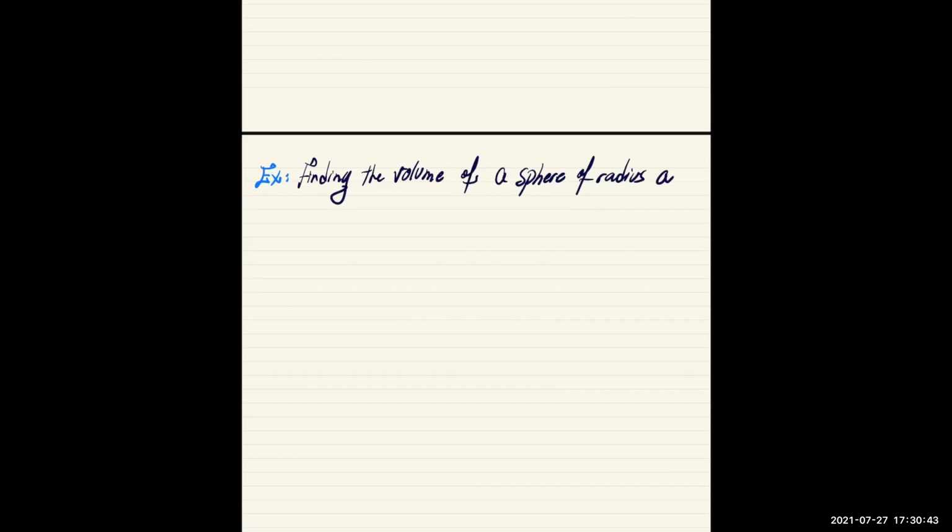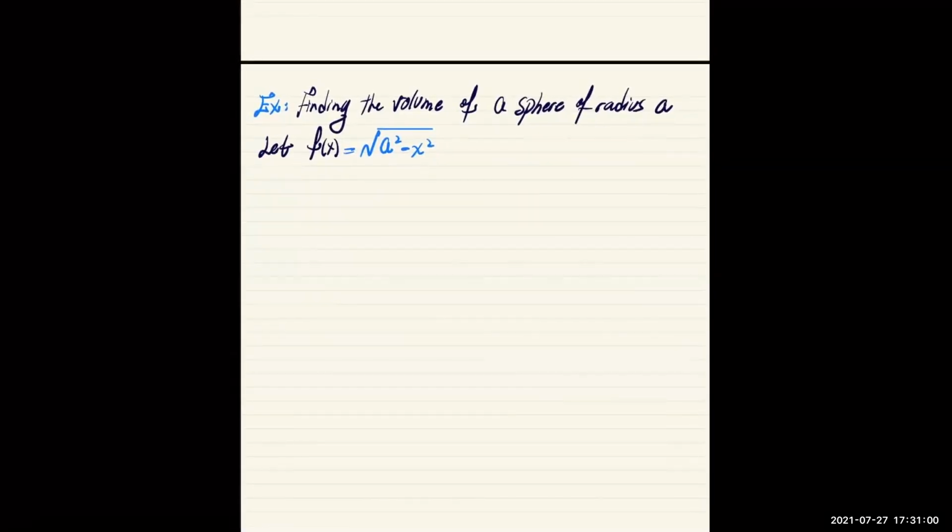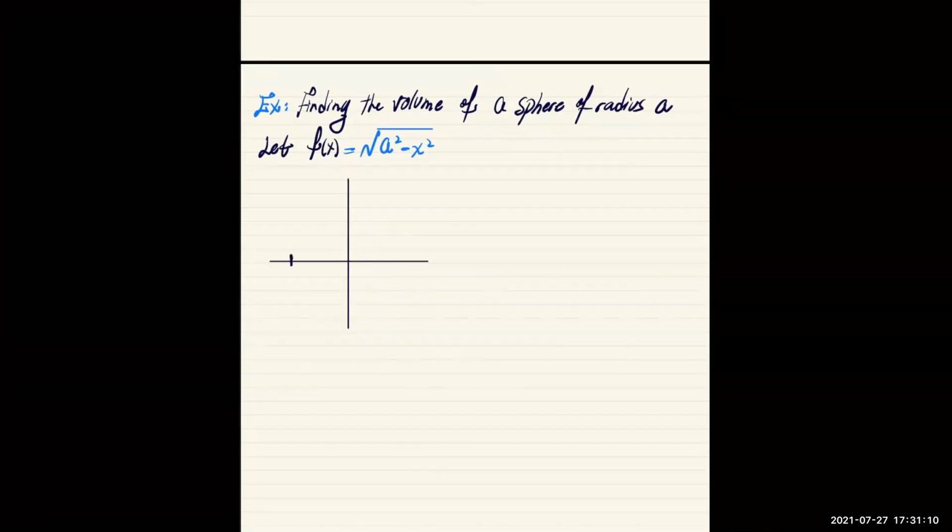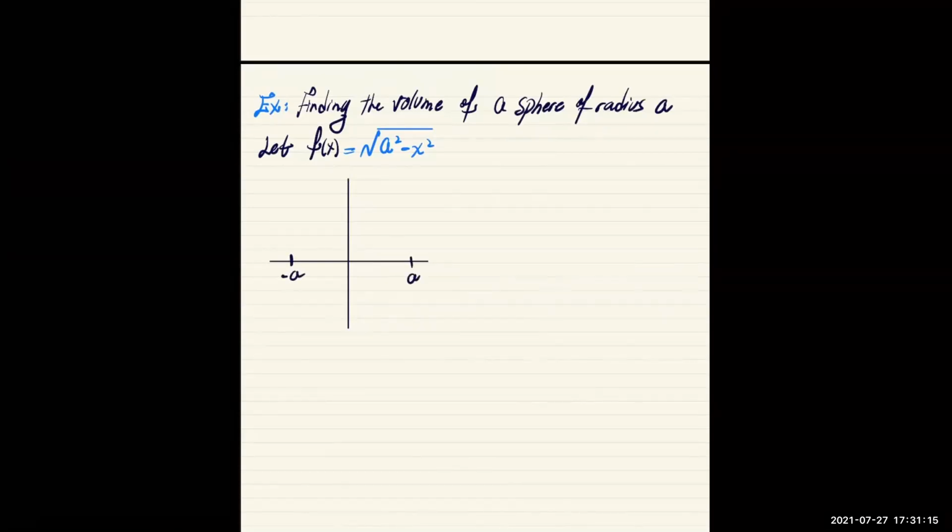So here let f of x equal the square root of a squared minus x squared. This is a semicircle of radius a. Here is negative a, here is a, and this is that semicircle.